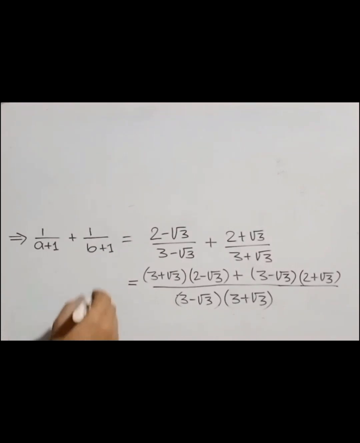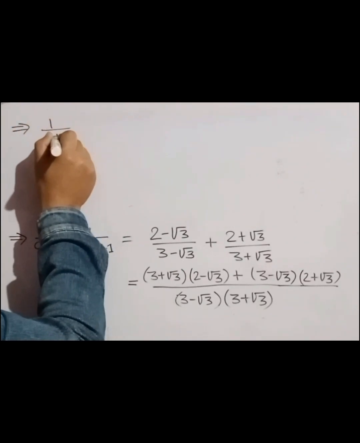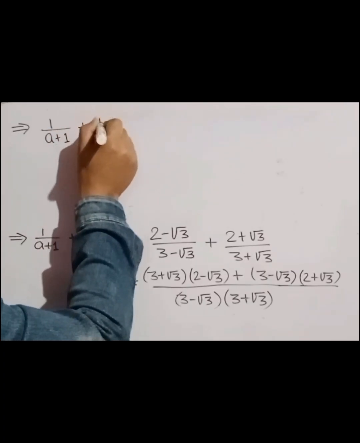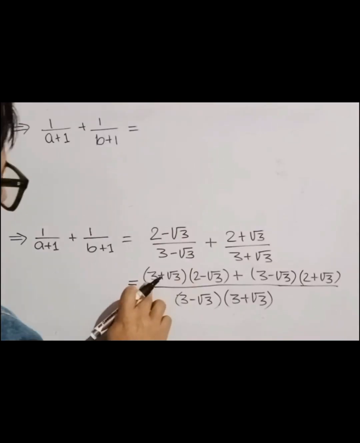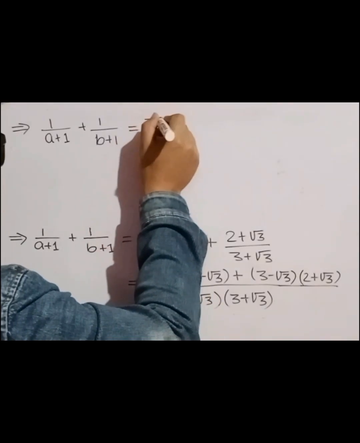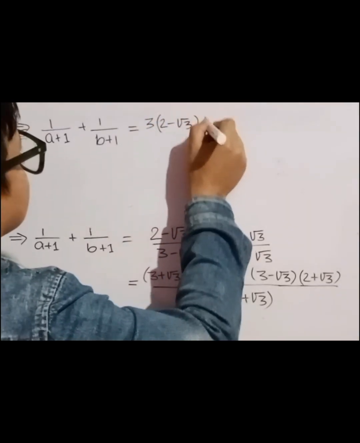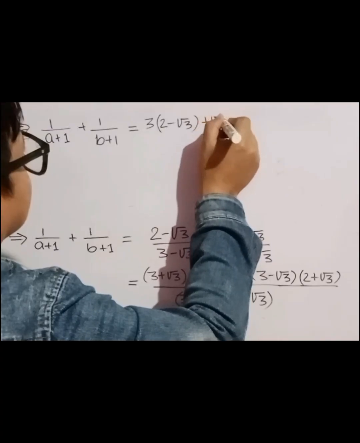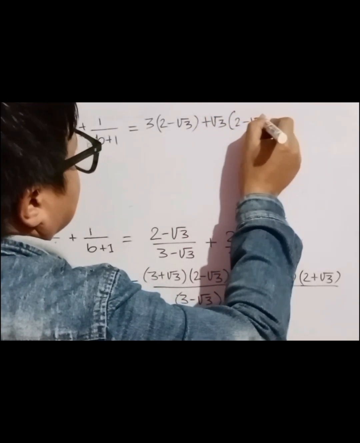And now we can continue here. The left hand side is 1 upon a plus 1 plus 1 upon b plus 1, and this is equal to, we have to multiply these two numbers: 3 into 2 minus root 3, plus root 3 into 2 minus root 3.